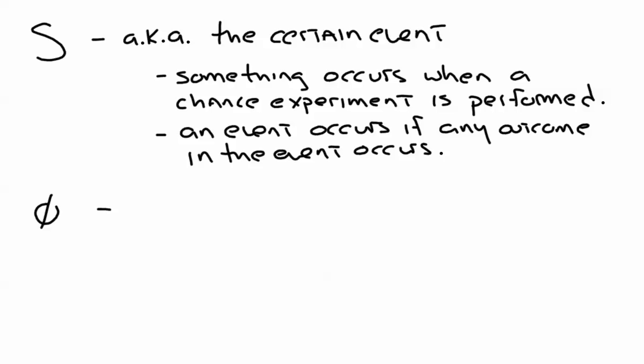So if we perform a chance experiment, we know that something will occur, meaning that it is absolutely impossible, or 0% likely, for nothing to occur. The null set is therefore known as the impossible event. It's not possible for nothing to occur.